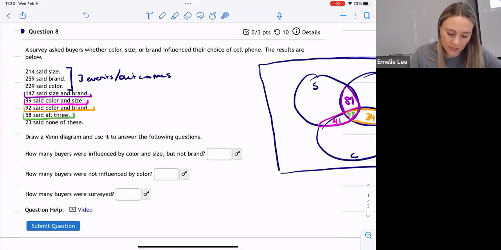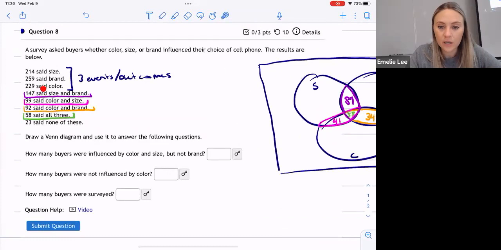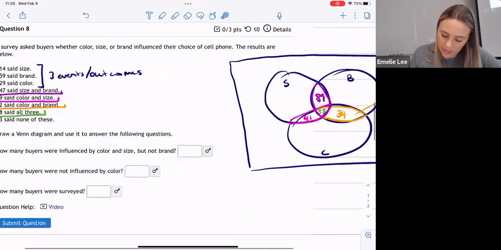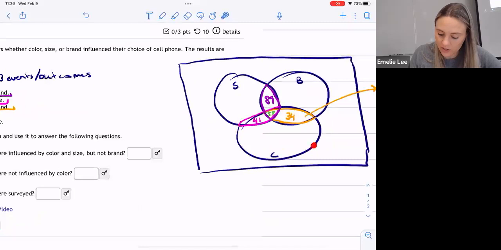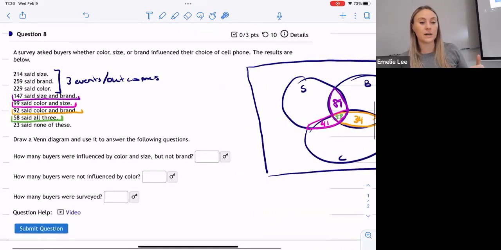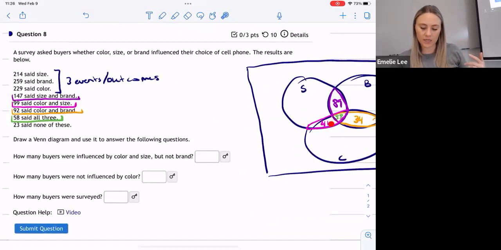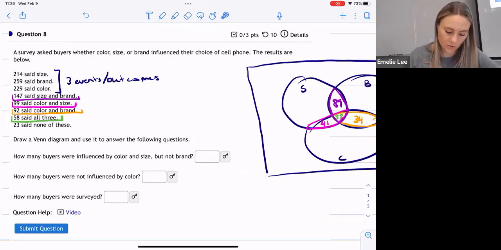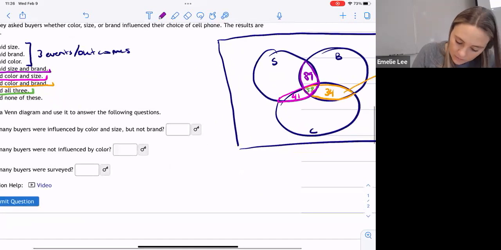Then I can go and I can do the color. So now I'm going to subtract all the areas from the color circle that I've already accounted for. So in total, in the color circle, you're going to have the 229, but you've already accounted for 41 and 58 and 34 of those. So 229 minus 41 minus 58 minus 34 is 96.